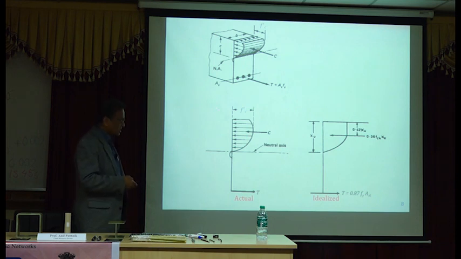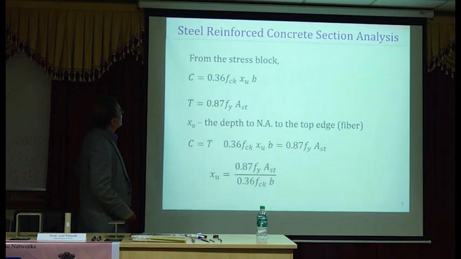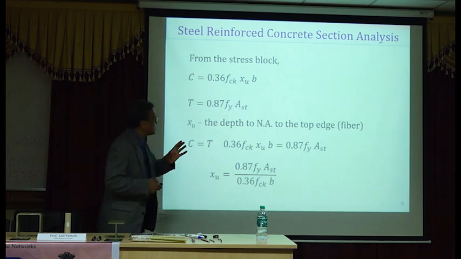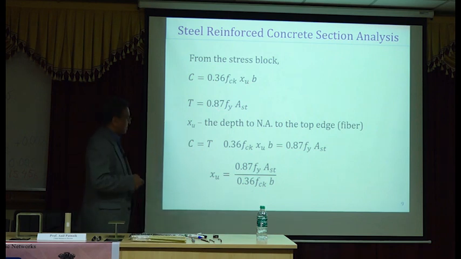Okay, let's move on. Now the moment strength can be based on the total compressive force, which is the area of the stress block. In case of IS 456, the area works out to be 0.36 fck xu times b for a rectangular section, with a width of b. Very simple.